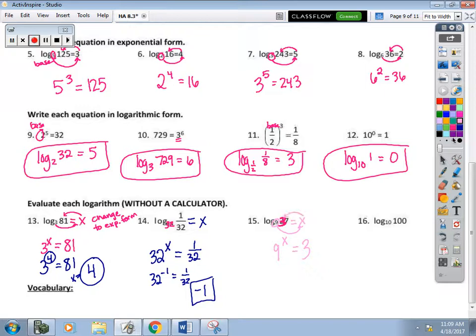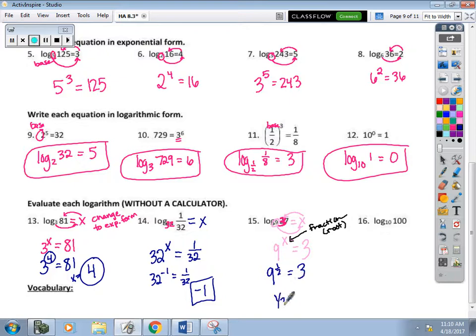Now, if it's getting smaller, that is going to be telling me that the exponent is a fraction. Remember, a fraction is really representing a root. So like 1/2 is a square root. 1/3 is a cube root. So the square root of 9 is 3, so this must be 9 to the 1/2 power.